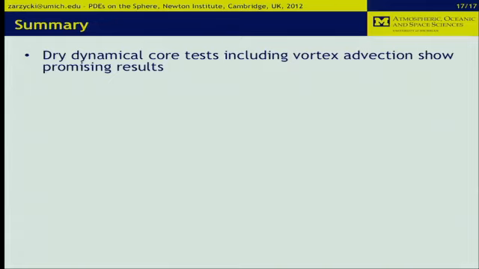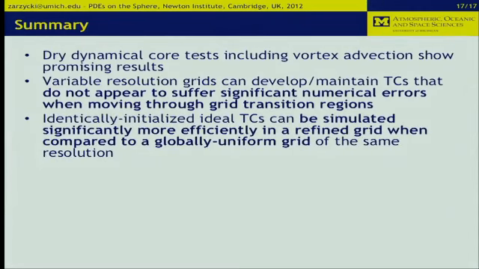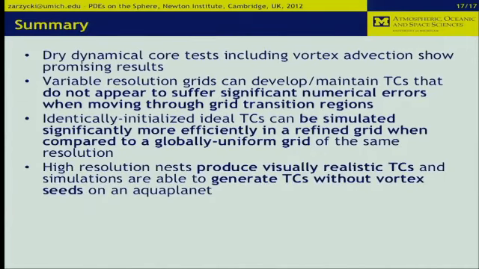Our dry dynamical core tests, including vortex advection, show promising results. The variable resolution grids seem to be able to develop and maintain cyclones as they move through transition regions without significant error that we can see. If we initialize essentially identical vortex seeds in a globally uniform and a refined mesh, we're able to produce essentially identical results with significantly less computational load.